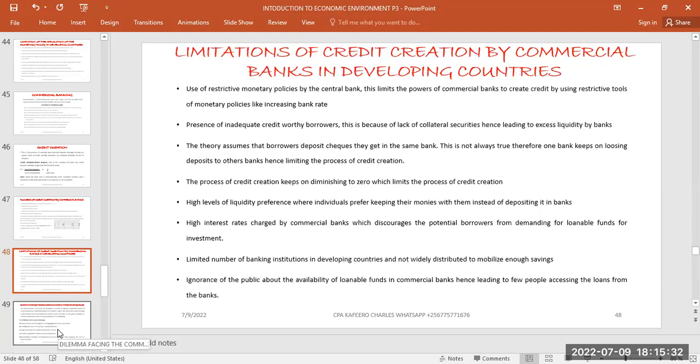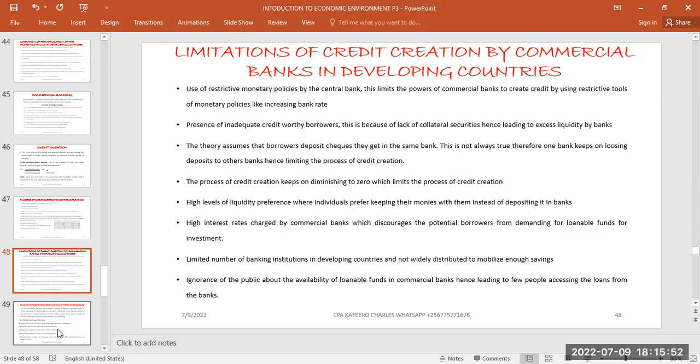Okay, let's look at some of the limitations. What are some of the factors that may limit the creation of credit? One is use of restrictive monetary policies by the central bank.